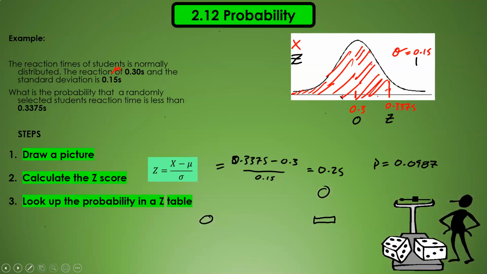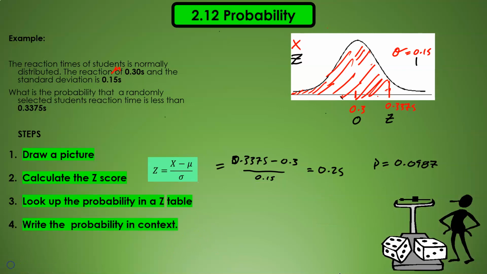So now that we've got the probability from the table, it means we've found that this area here in black is equal to 0.0987.